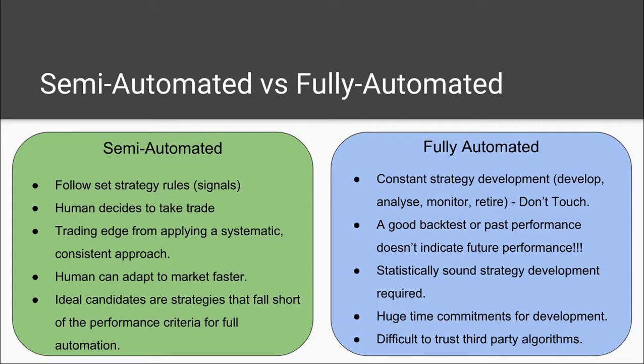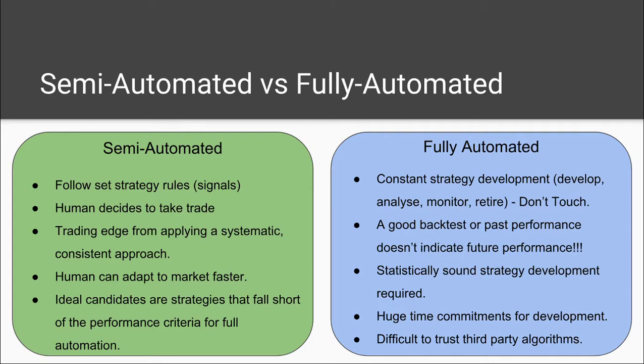And in my view, the ideal candidates for semi-automated trading strategies are ones that I've tried to develop as fully automated strategies, and they fall short of the performance criteria. So they still look good, they still make money, but not enough to run as a fully automated strategy. Of course, if it is good enough to run as a fully automated strategy, then why should I be using it as a semi-automated strategy?